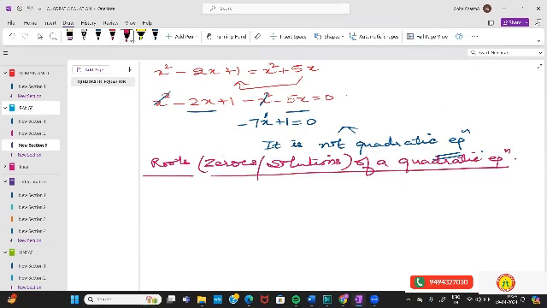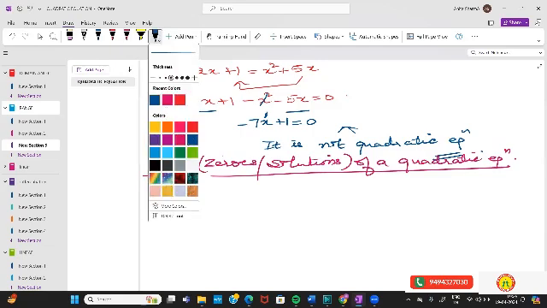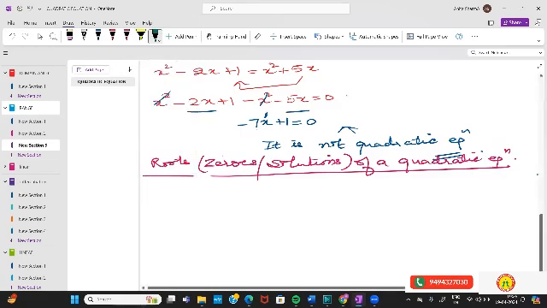Okay. So in this, children, a real number k is called a root of a quadratic equation if it satisfies the given quadratic equation. Suppose we have the quadratic equation ax square plus bx plus c is equal to 0.